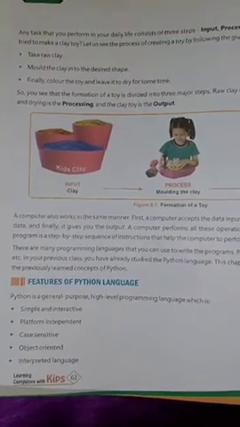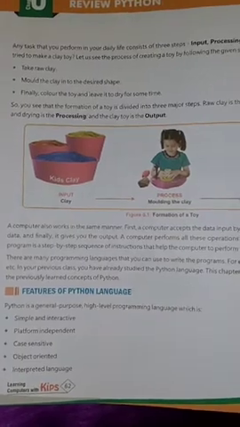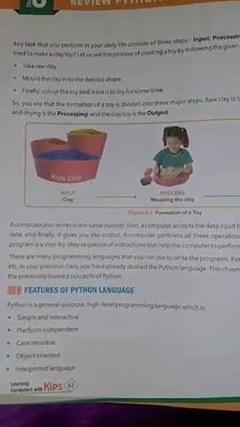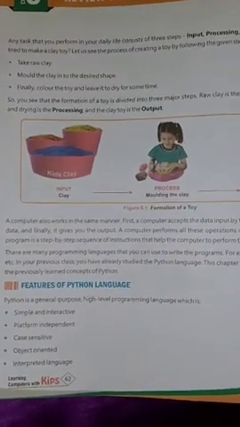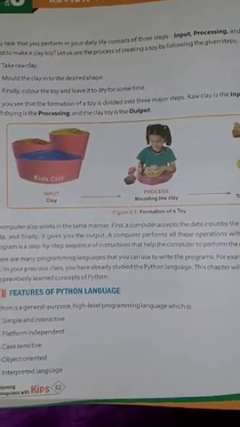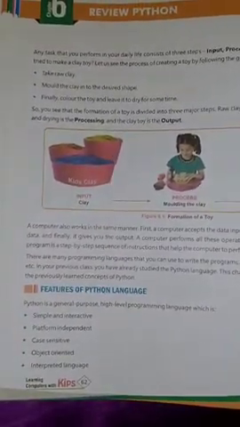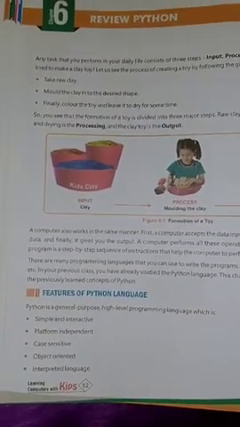Case sensitive. Students, two types of cases we are using, uppercase or lowercase, meaning capital letter or small letter. So this is case sensitive: if something is given in capital letter, you can write in capital, and if it is given in small letter, you can write in small letter. Next, object oriented.